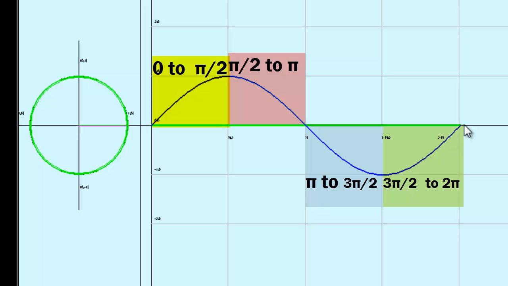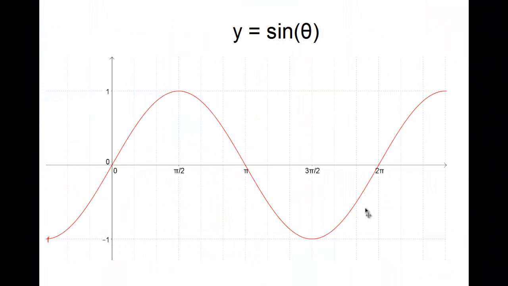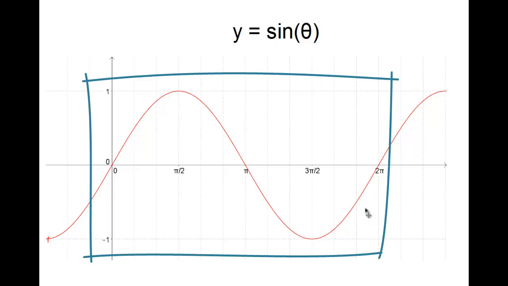Let's take a look at the pattern the sine function makes and put some specifics to it. If we look at the sine function as a function, graphed out, just like you saw in that animation, this is what occurs, at least in the range from 0 to 2 pi. As it turns out, you're going to find out later, this thing continues forever. But in that first 0 to 2 pi, or 0 to 360 degrees for theta, this is the pattern that occurs.